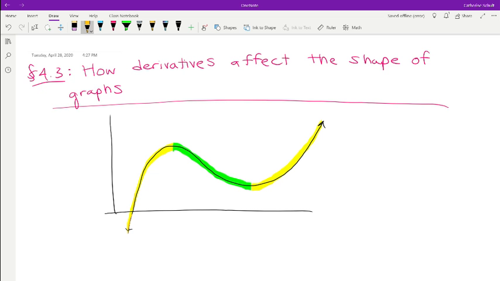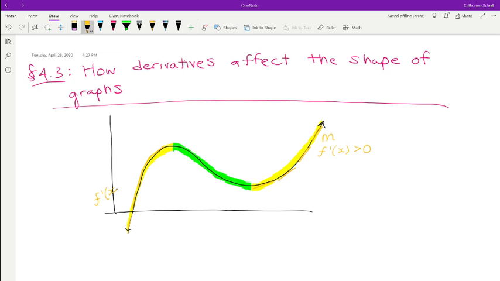So let's start by drawing some tangent lines in the increasing and decreasing parts. And when we're drawing the tangent lines, what do we notice about all of those slopes? All of the tangents are increasing, so they're positive.